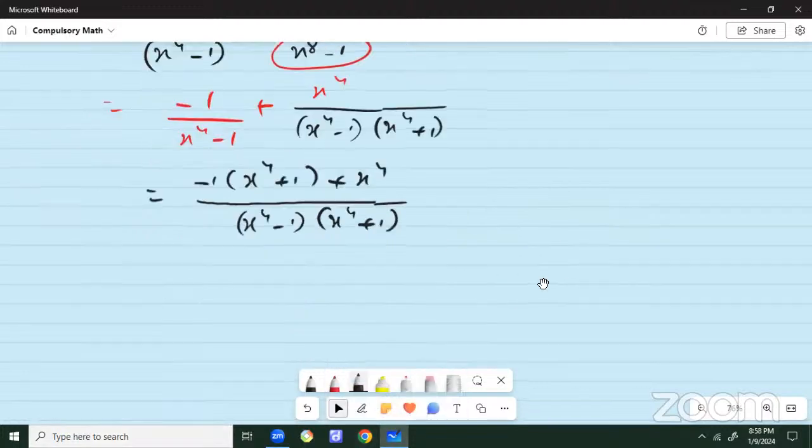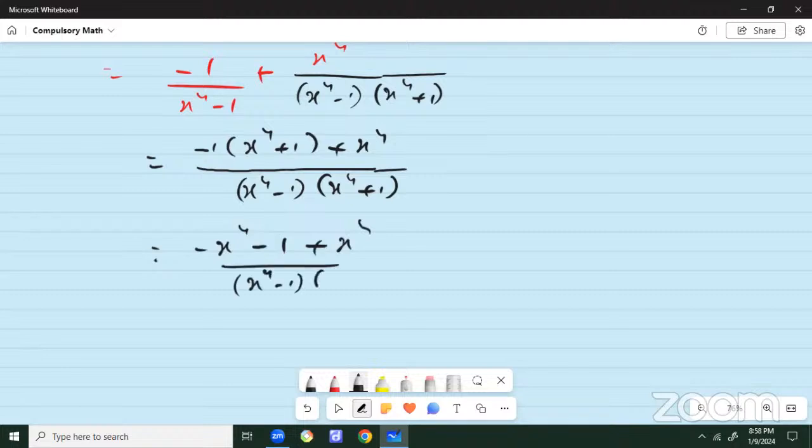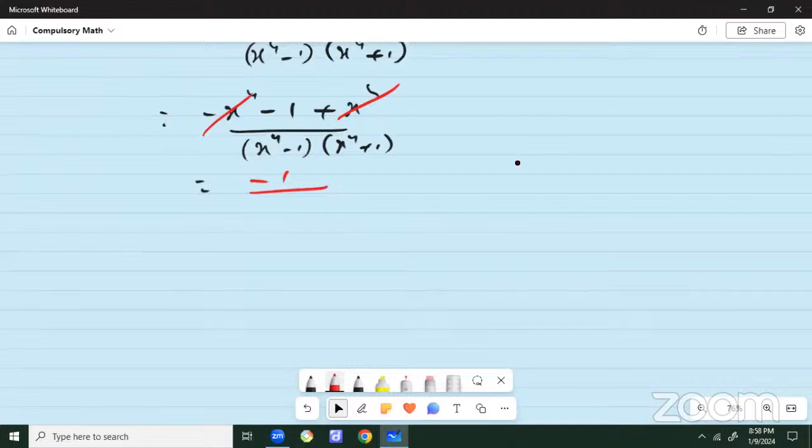So if you open the bracket, we will get negative x to the power 4 minus 1 plus x to the power 4 over x to the power 4 minus 1 times x to the power 4 plus 1. Now minus x to the power 4 and plus x to the power 4 cancel each other. Okay, now what next?